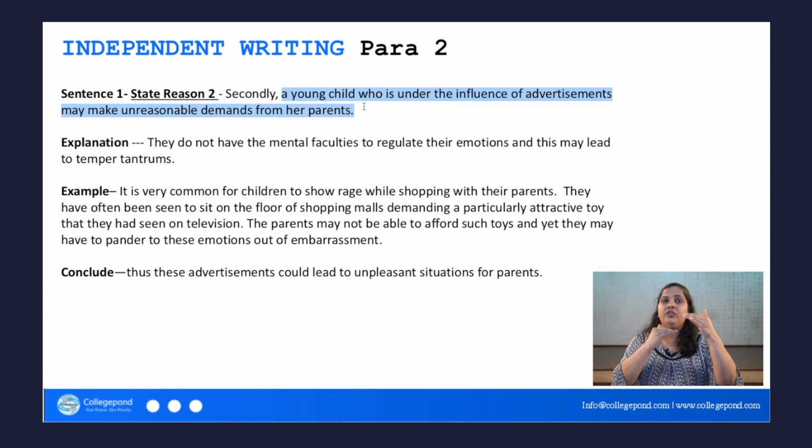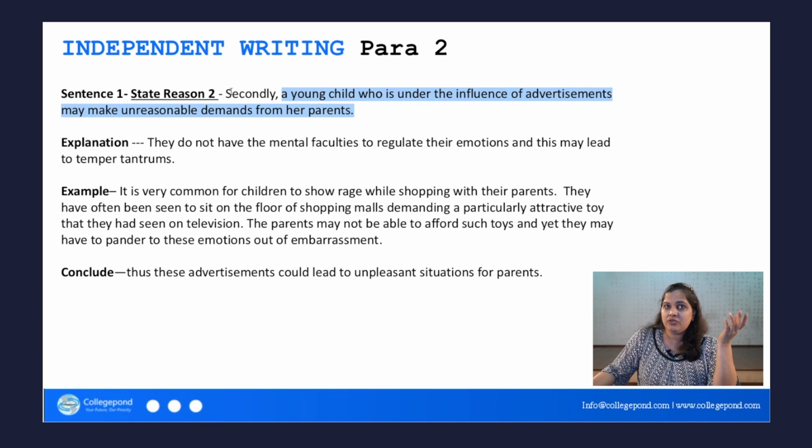Look at this particular sentence in itself without the context of everything else. Does this reason seem enough to you to say that yes, the advertisement should not be shown? So this could be a good reason.